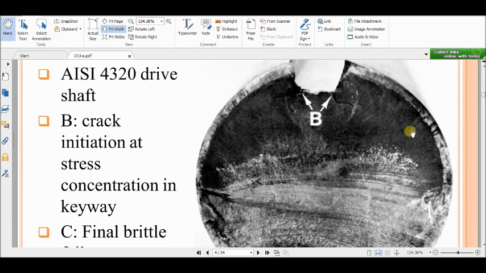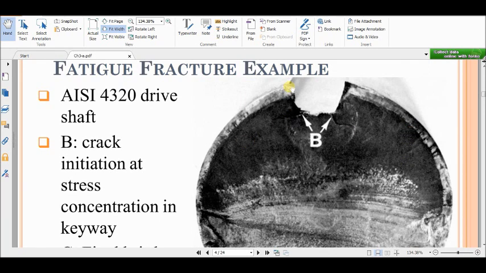Fatigue failure is more serious for a part which has a notch or which is not integrated, meaning it doesn't have a uniform structure. For example, as you can see here, we have a shaft with a key seat.